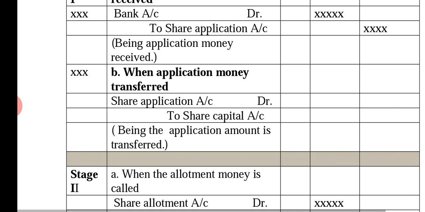When the application money is kept in the application account, it should be transferred to the share capital account. The second entry is a transfer entry, share application account debit to share capital.